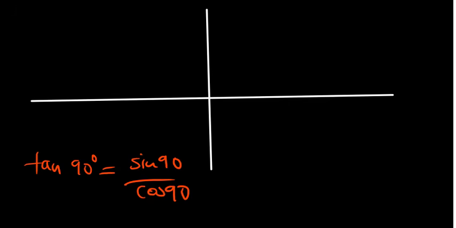So this is an indeterminate part, and it gives us a vertical asymptote. So we expect it not to cut that line, and not to cut this line, so it ends up behaving like this.